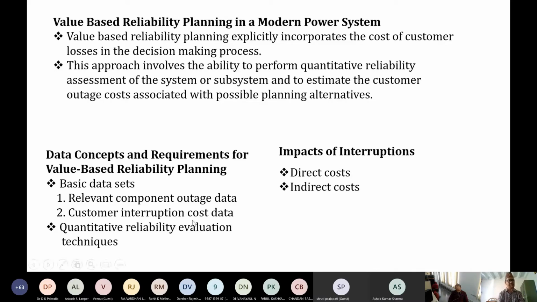And customer interruption cost data, meaning the costs to different categories of customers because of electricity supply interruptions. By electricity supply interruption, we mean sudden interruption without prior information.